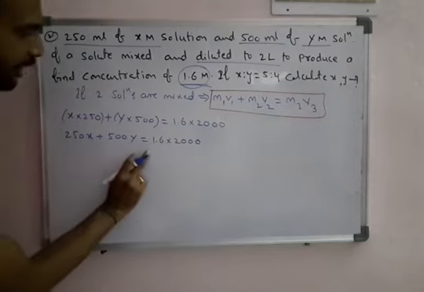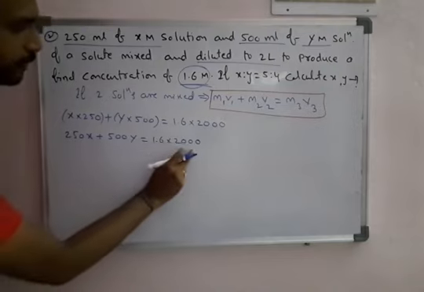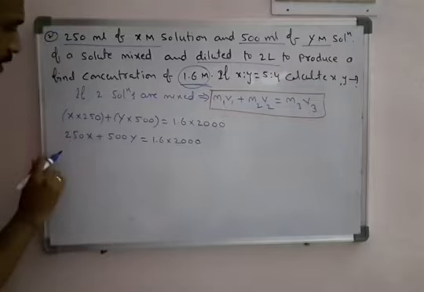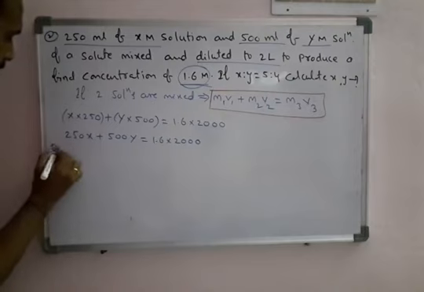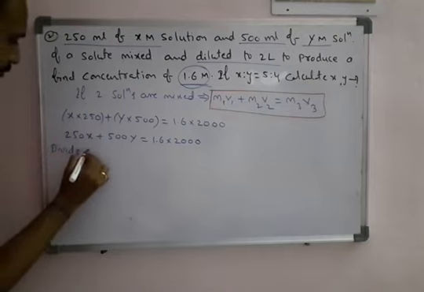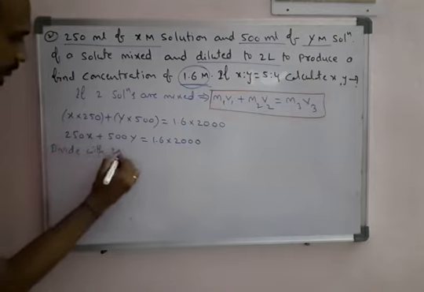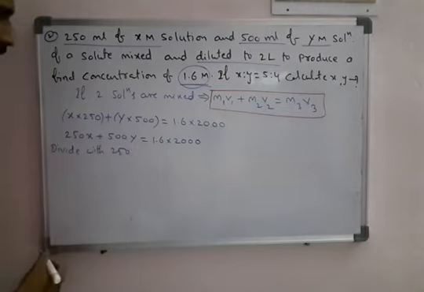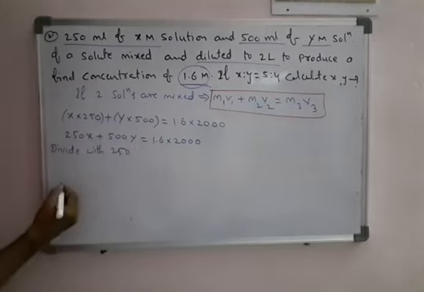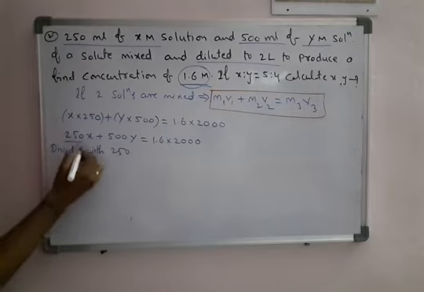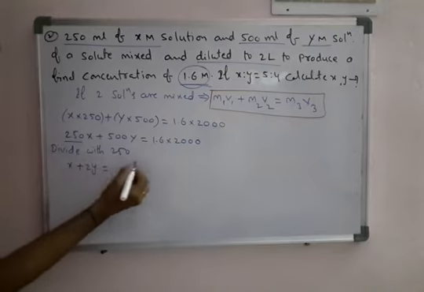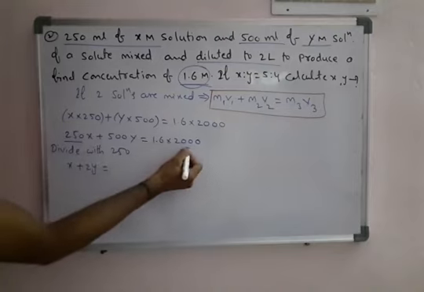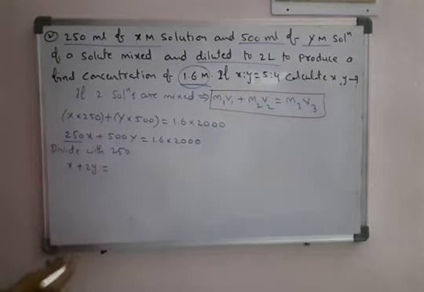250x plus 500y is equal to 1.6 into 2000. Okay, so now divide all of them by 250. Dividing this equation by 250, we get 250 by 250 means x, plus 500 by 250 is 2y, equal to 1.6 into 2000 by 250, which becomes 8 times 1.6.